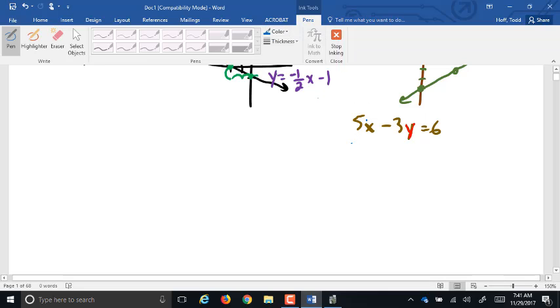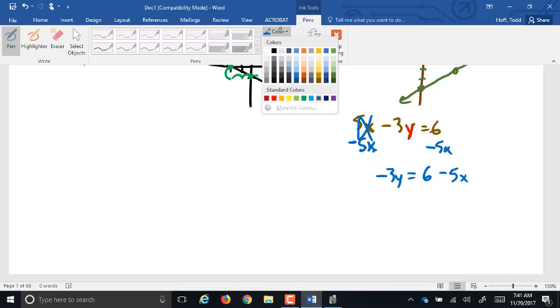Well, it's positive, so it is a +5. Remember, the symbol before it goes with that number. So we got to subtract 5x. So that's gone. We've got -3y equals 6 minus 5x.